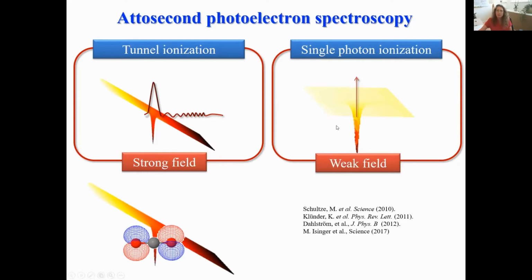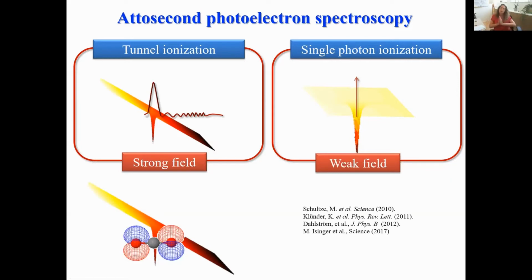Photoionization is extremely important since it projects the quantum state of matter into free electrons that we can directly measure. And attosecond science enables us to visit and measure single photoionization with attosecond precision.